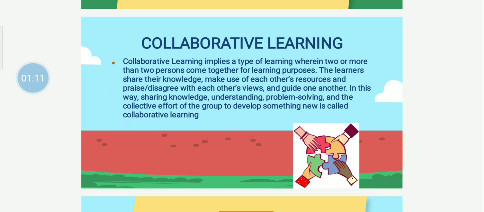Collaborative learning. Collaborative learning implies a type of learning wherein two or more than two persons come together for learning purposes. The learners share their knowledge, make use of each other's resources, and praise or disagree with each other's views and guide one another.